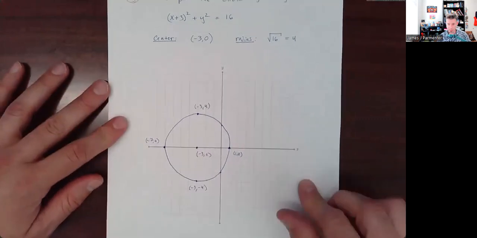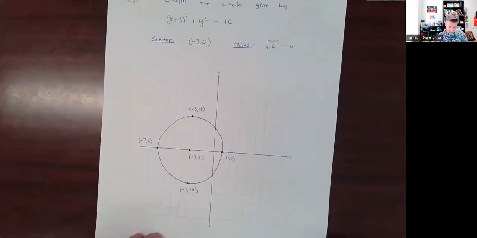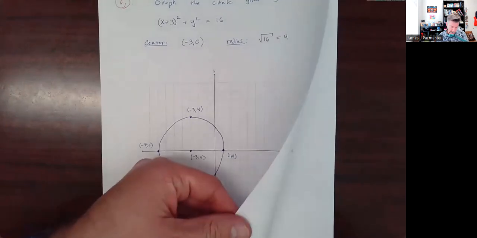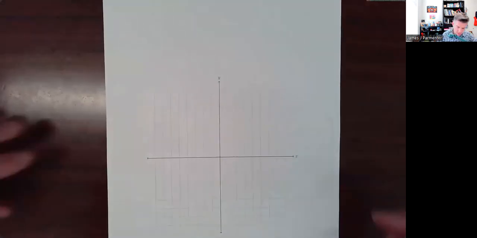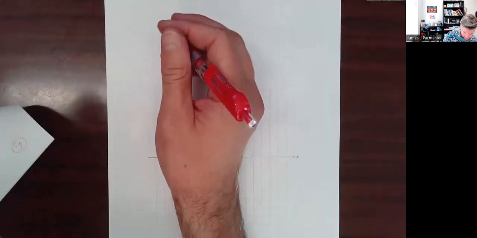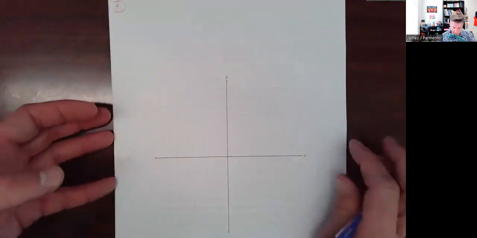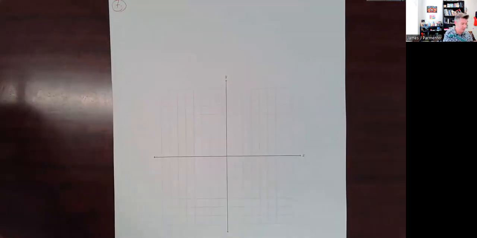Let's do a couple more because there are a few other things I want you to see. Let's label the pages. Page 7. The same thing. I'm just going to give the equation.